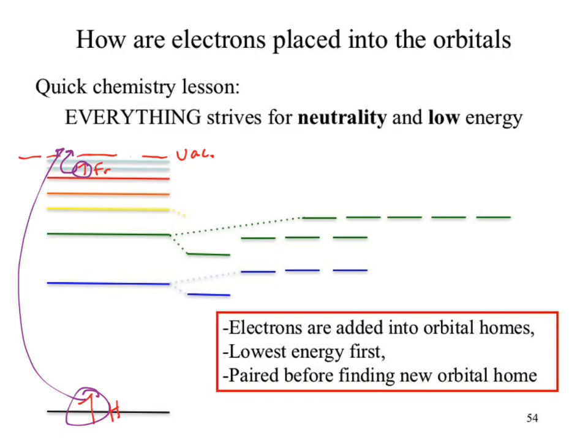What's happening down a column? We're getting bigger. The bigger the atom, what happens to the ionization energy? The smaller the ionization energy. Okay? Because the further away from the nucleus it is, it's easier to push it out into the vacuum.